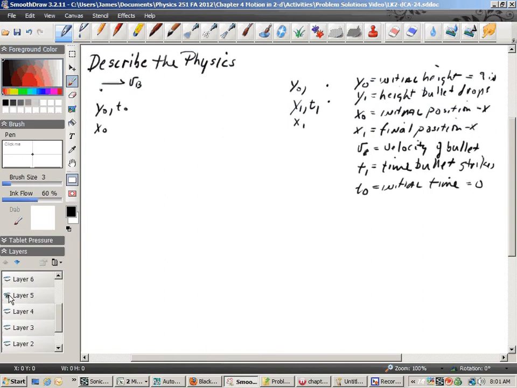It winds up at position y1, x1, and t1, where y0 is the initial height, 9 inches. y1 is the height the bullet drops. x0 is the initial position along the x-axis. x1 is the final position along the x-axis. vb is the velocity of the bullet, t1 is the time for the bullet to strike, and t0 is the initial time, which is 0.